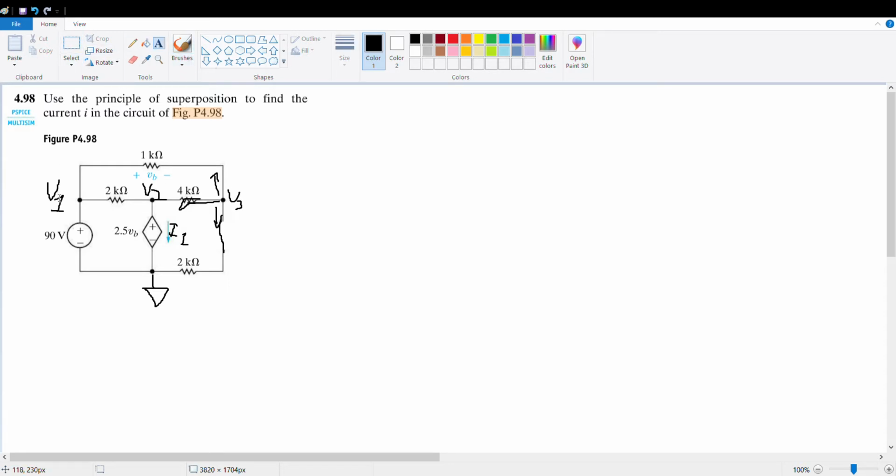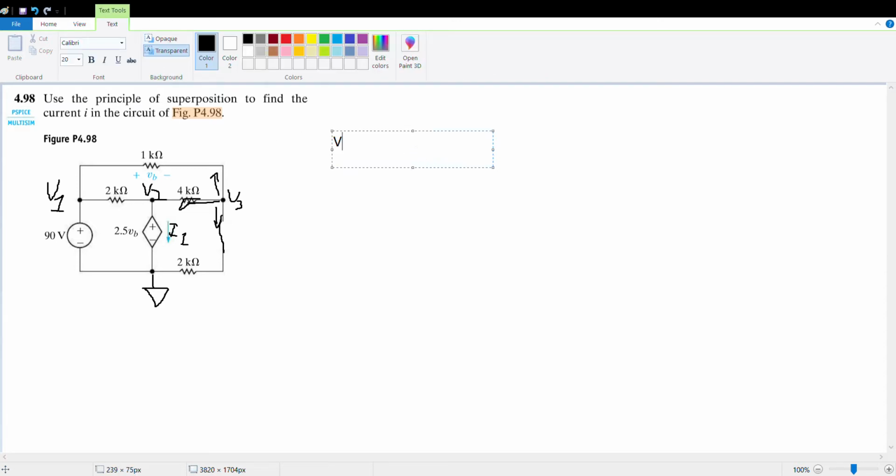So it's important to note that the voltage at V1 is already known: V1 is equal to 90 volts.